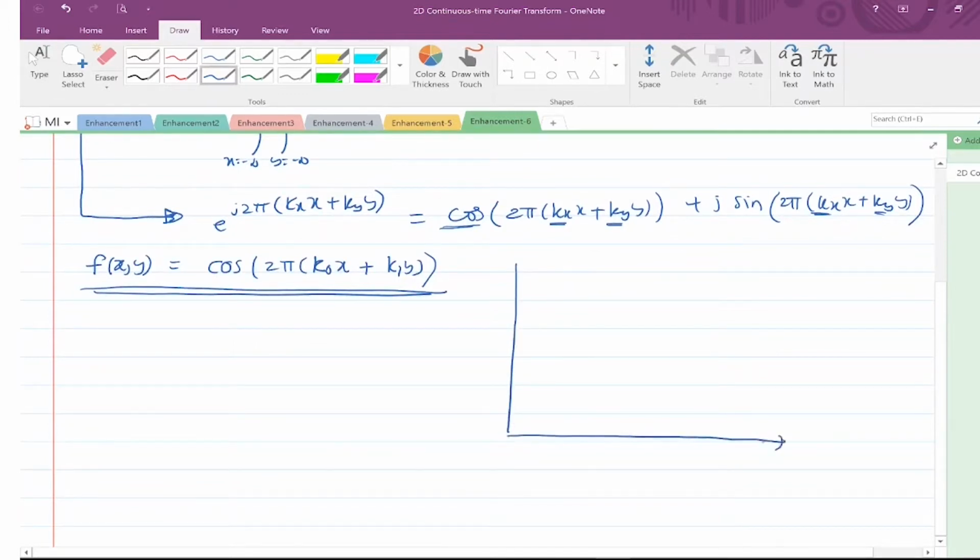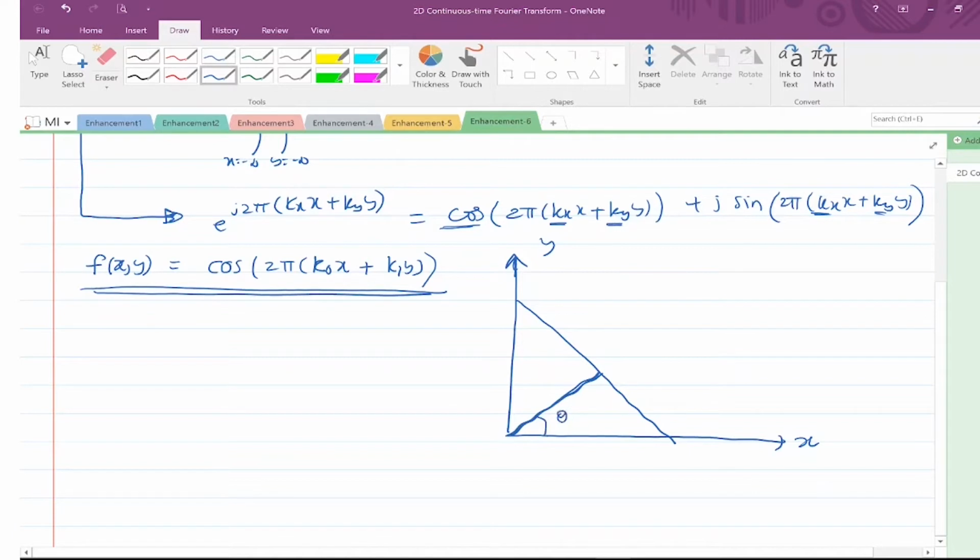This function is periodic, but it's not periodic in every direction, it's periodic in a particular direction. Let me take x comma y here. If you consider the value at which this is maximum, and then look at when it is repeating, you would see that this function repeats at an angle of, let's say, theta.